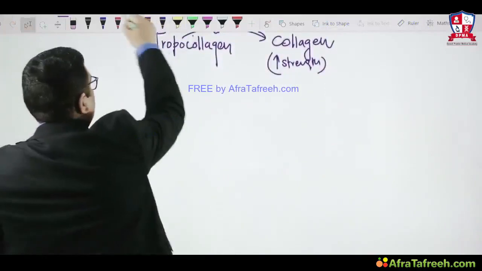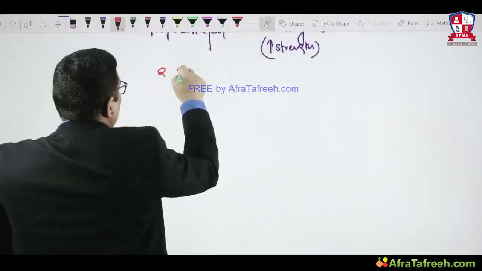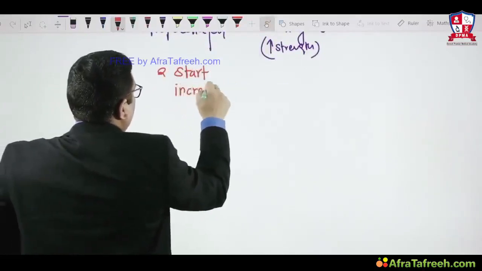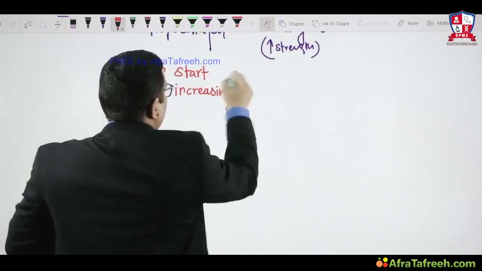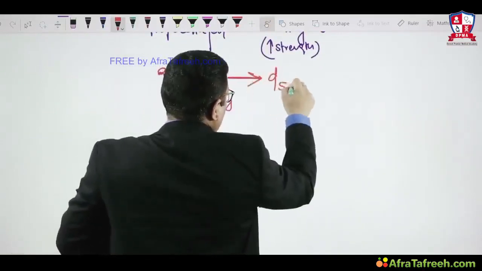So here we need to understand some more important MCQs. Wound strength will start increasing by day 5 to day 7.